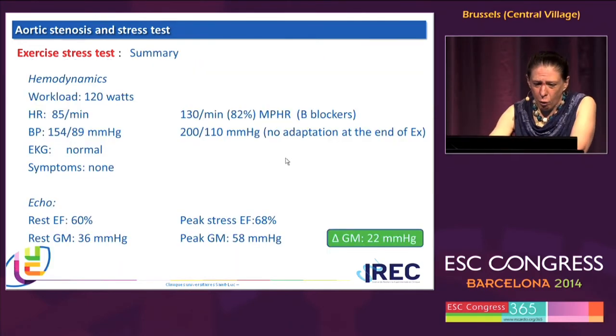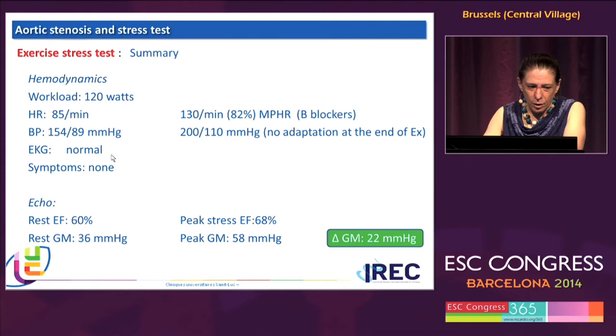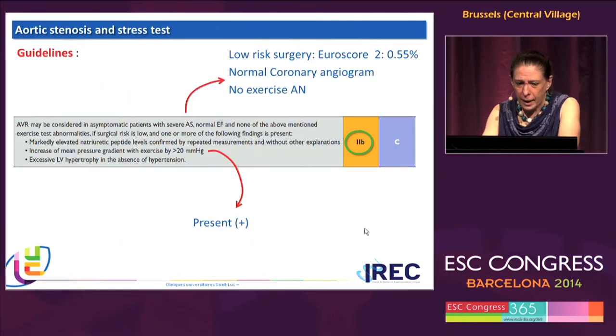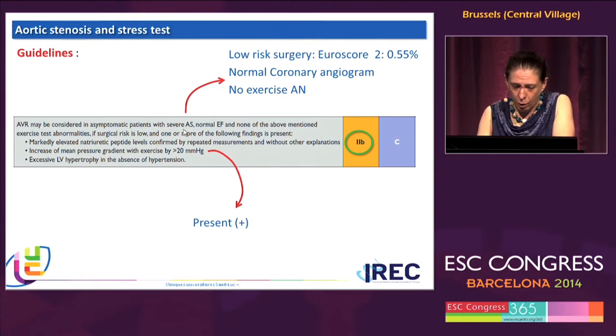So in summary, I have already shown you the result of the hemodynamic part, and from the echo part, you go from a mean gradient of 36 to a mean gradient of 58. What is a difference in mean gradient? 22 millimeter of mercury. So if I go back to the guidelines, you see that AVR might be considered in asymptomatic patients with severe aortic stenosis, normal EF, and none of the above mentioned exercise test abnormality.